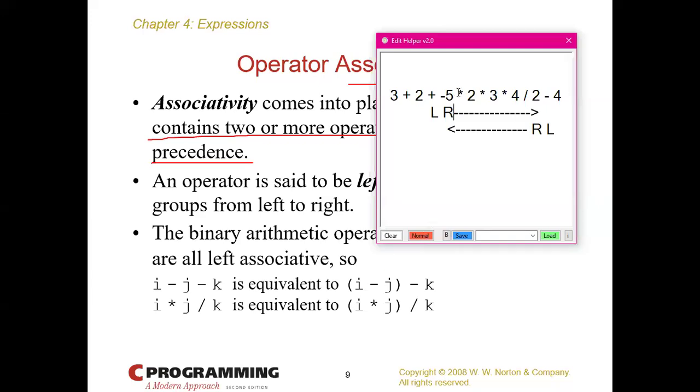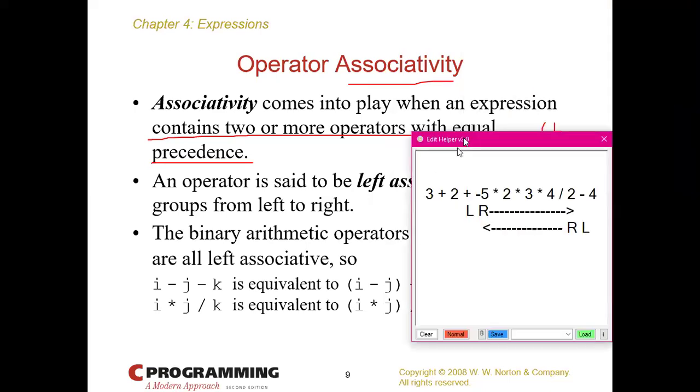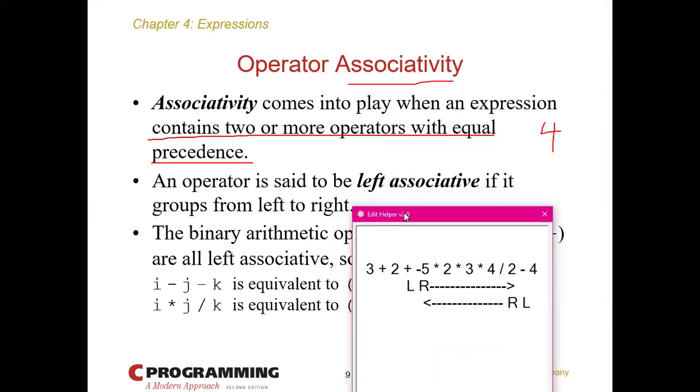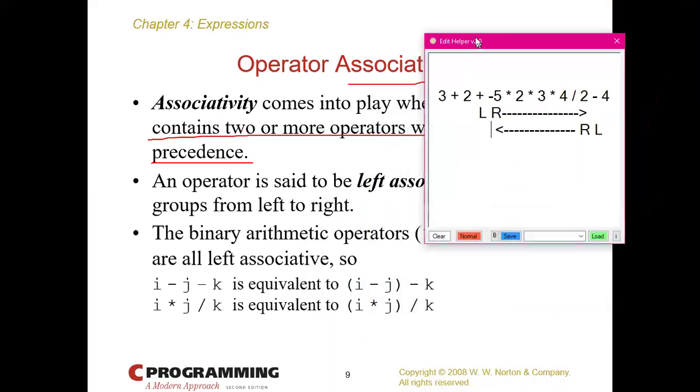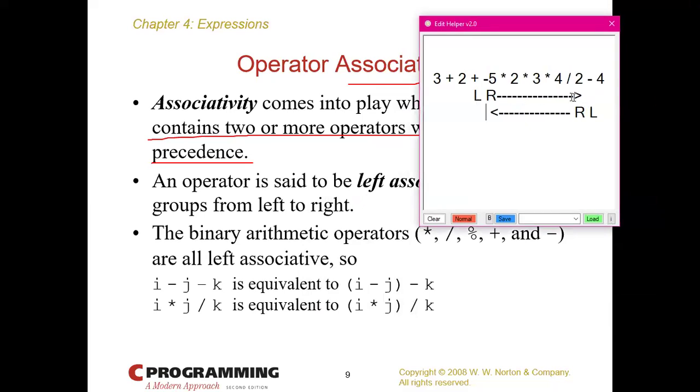Now, the associativity of each operator will tell us what to do. For some operators, we go from left to right, but for others, we go from right to left. An operator is said to be left associative if it groups from left to right. If it groups from right to left, it is right associative.